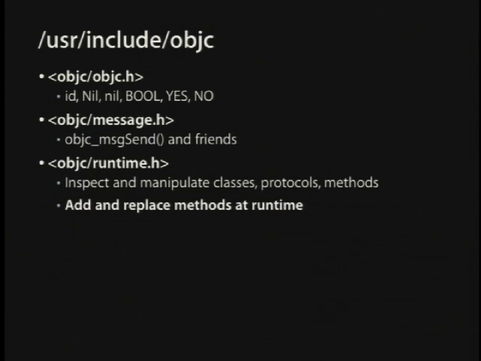objc/runtime.h is probably the most interesting of all these in terms of crazy things you can do to the runtime. It basically lets you inspect and manipulate all sorts of different aspects of classes and protocols and methods. It can even let you do things like adding and replacing methods on classes at runtime. So while your code is running, you can actually add a new method to a class that you hadn't even defined on that class when you built it.